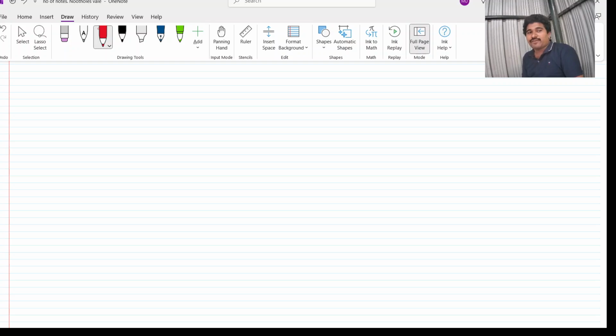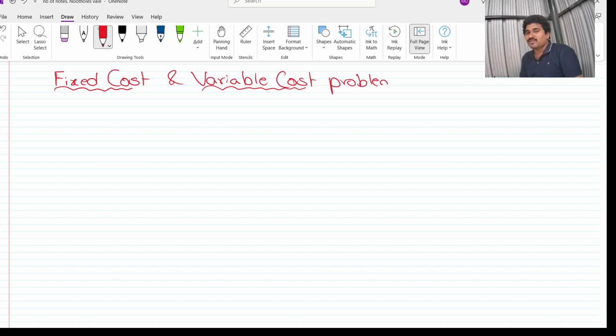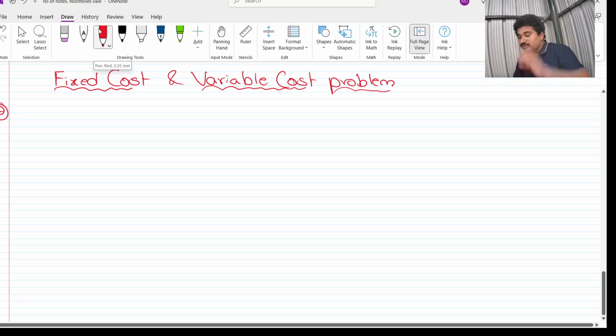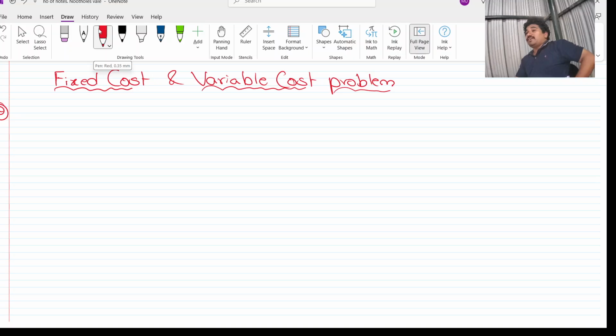Take the title: fixed cost and variable cost problem. Nothing but it is a lending library problem we are going to see now.